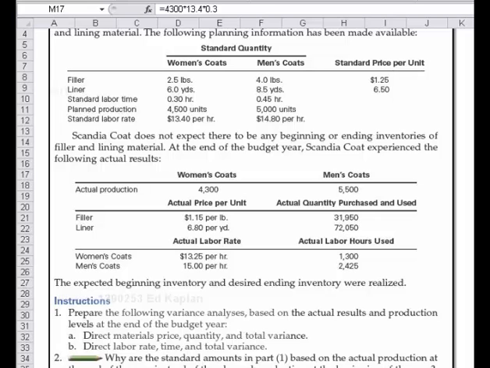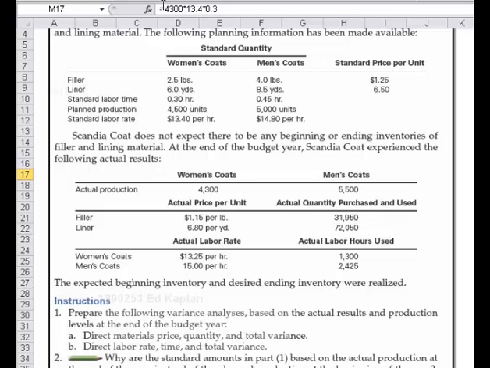For women's coats, it should be the 4,300 units actual production times the 13.40 standard rate times 0.3 hours to make each coat. So I'm taking 4,300 coats times 13.4 times 0.3, and I guess I should have done it the other way. 4,300 times 0.3 gives you the total hours that would be required to make the coats, and then you would multiply it times the hourly rate of 13.40.